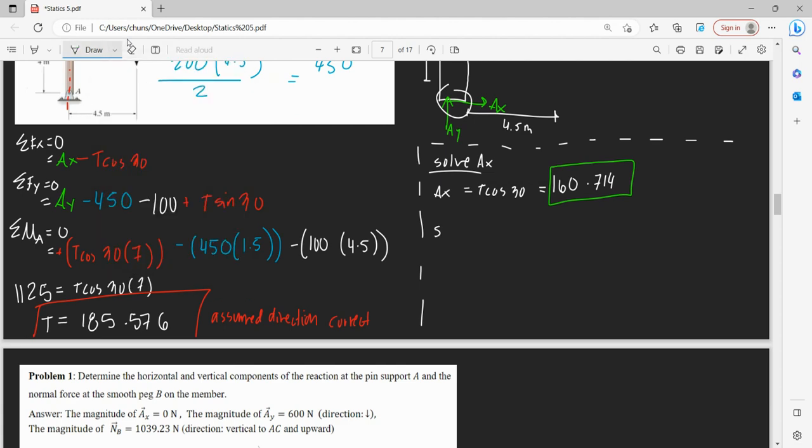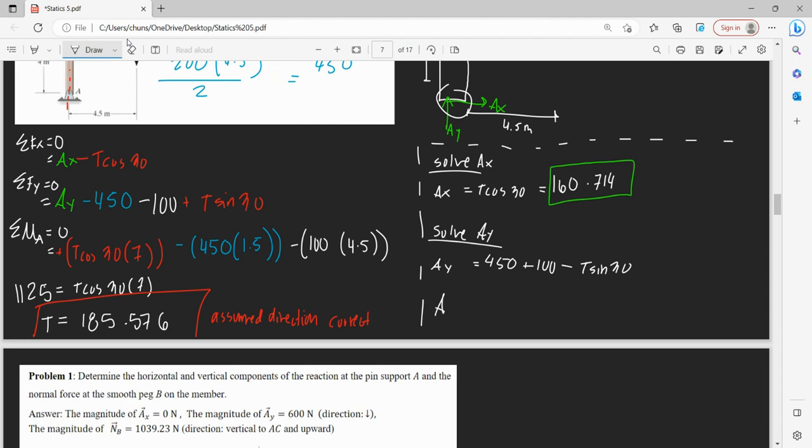And if we solve AY, so AY is equal to 450 plus 100 minus T sine 30. So 450 plus 100, then minus T sine 30.